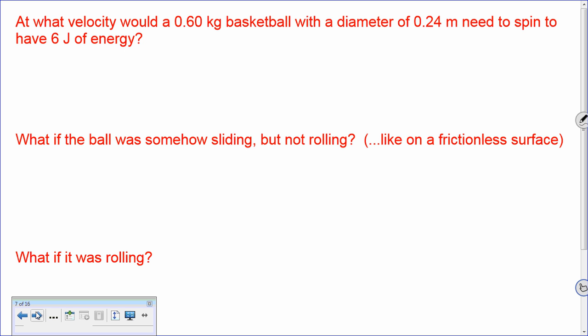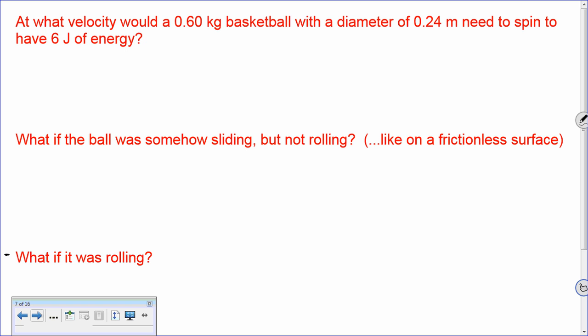In the first one, the basketball's just spinning, and we want the RKE to be 6 joules. In the second one, the basketball's just moving, but not turning, and I want to know how fast it needs to be moving. And in the last one, it's going to be rolling. So in this last example, we can use that little trick that I just showed you. Follow? But it will only apply in that last example.